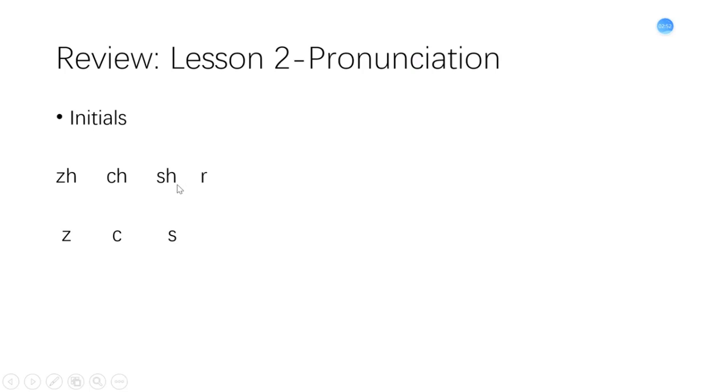And similarly 思: when we pronounce 思, there is no block in the mouth. We leave a small gap to let the breath out of the mouth. So 资, 雌 have a block, and 思 has no block. These are the initials we learned in the last lesson.